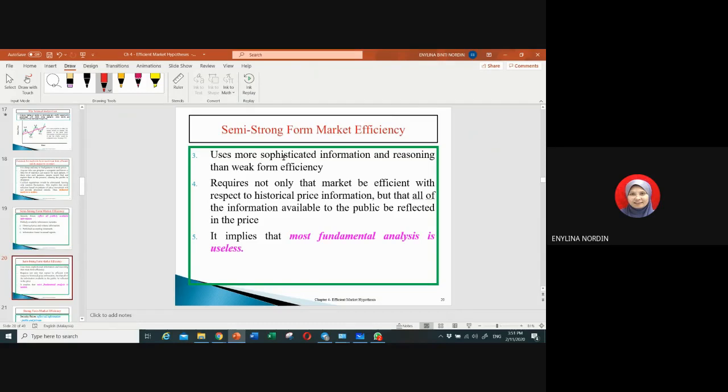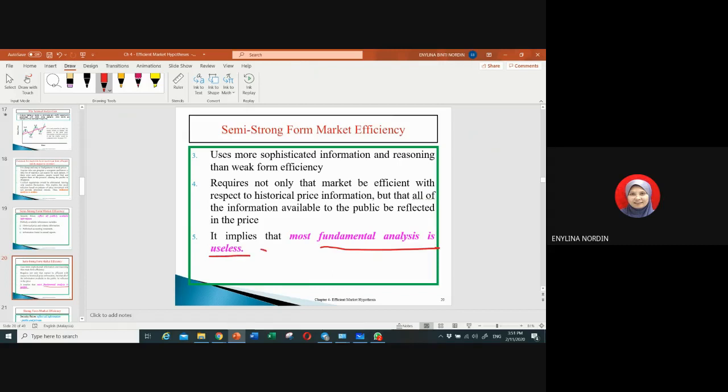When we mention that the semi-strong form market efficiency implies that the stock's price quickly and fully absorbs all the publicly available information, this will result in fundamental analysis becoming useless to investors.